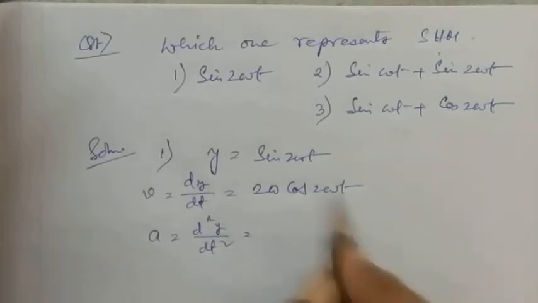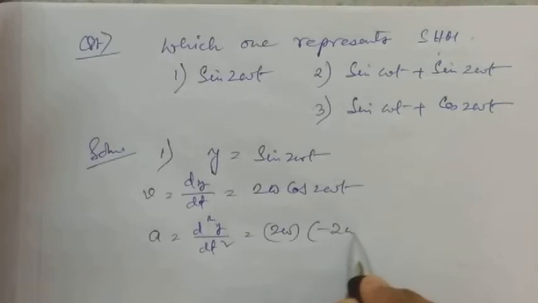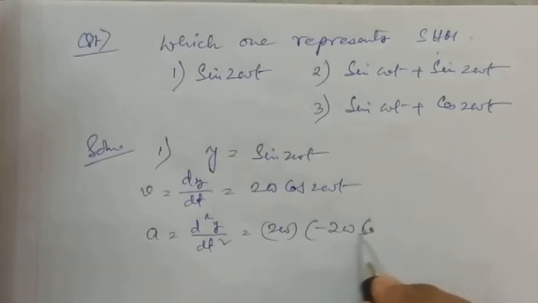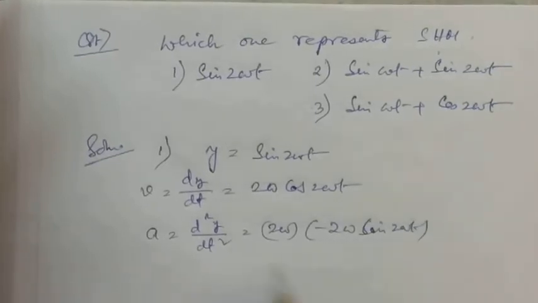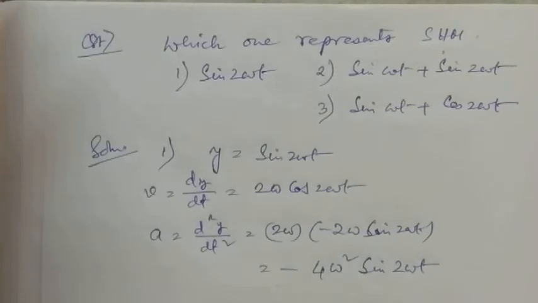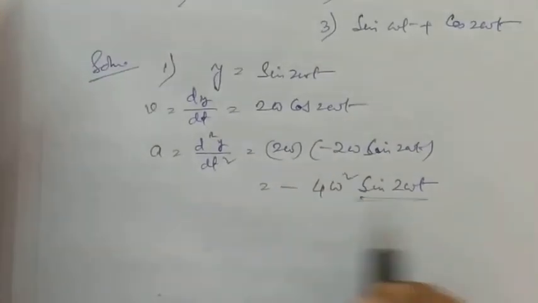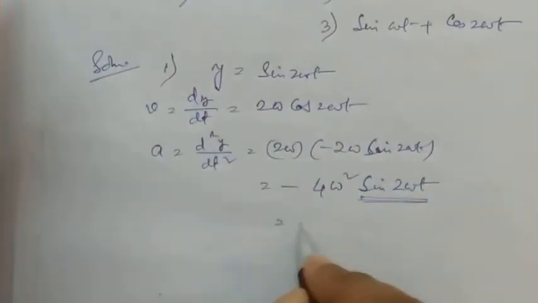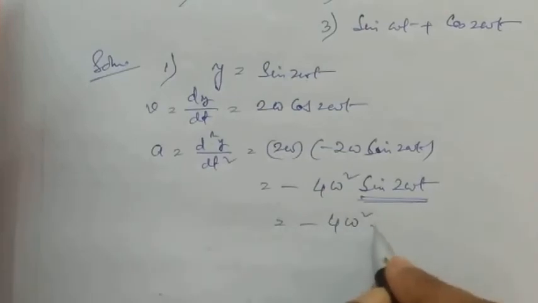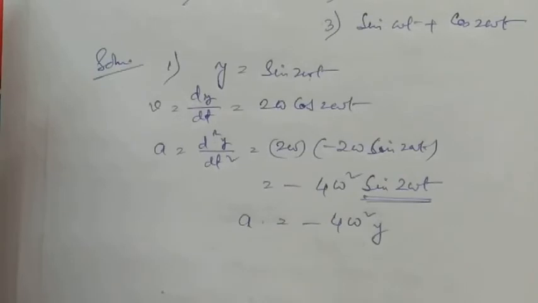So the derivative of this function again: 2 omega times minus 2 omega sine 2 omega t becomes minus 4 omega square sine 2 omega t. Now here we can replace sine 2 omega t with y. So it becomes minus 4 omega square y. So a is equal to minus 4 omega square y.